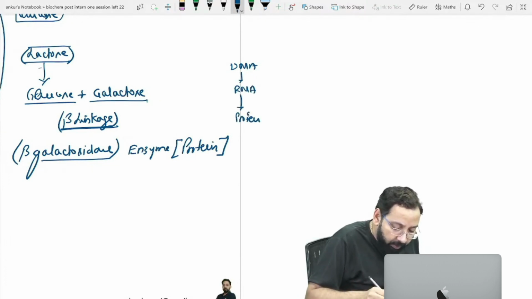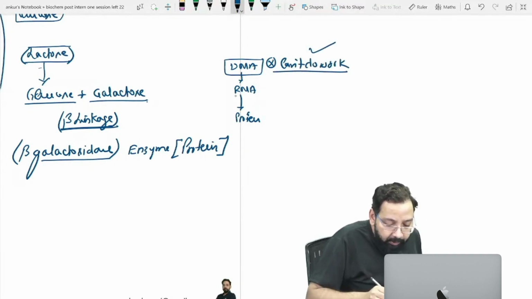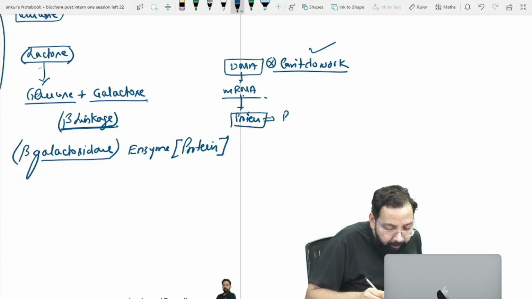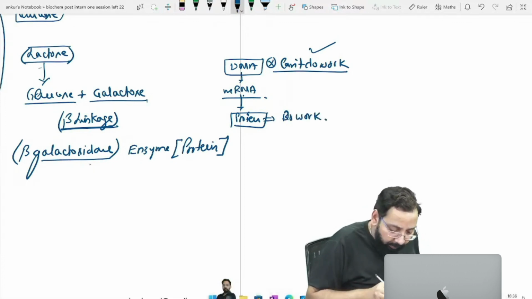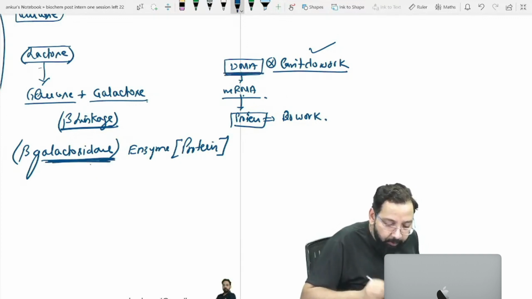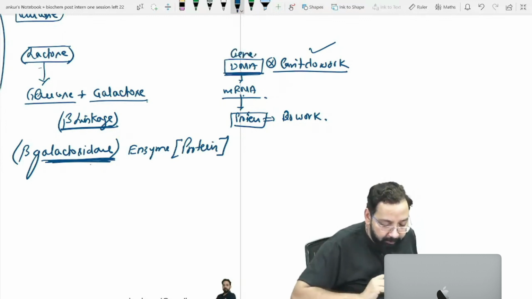I have already told you that DNA can't do work; it synthesizes messenger RNA, and the protein does the work. So if beta galactosidase is there, there must be a gene for beta galactosidase.